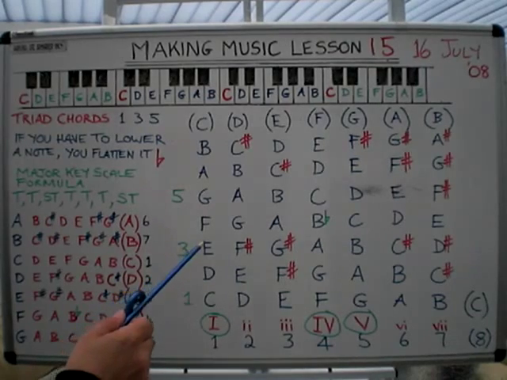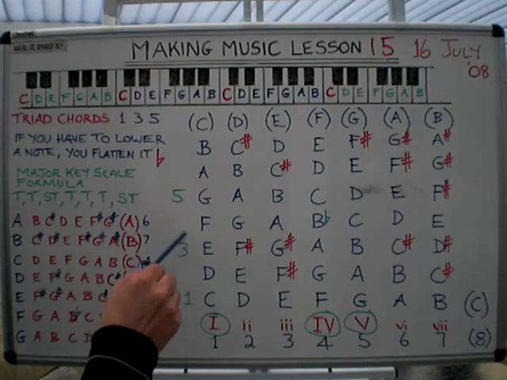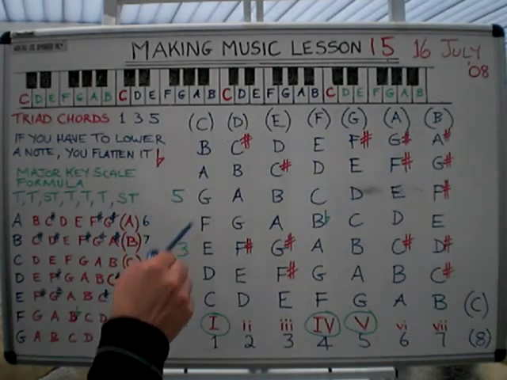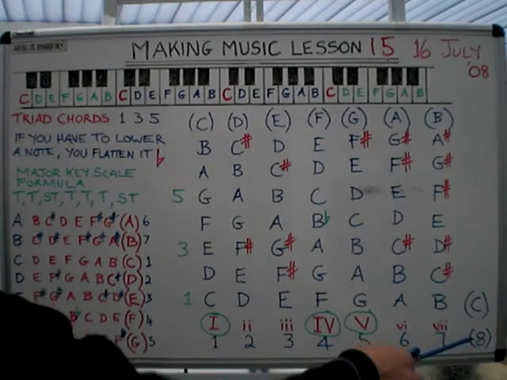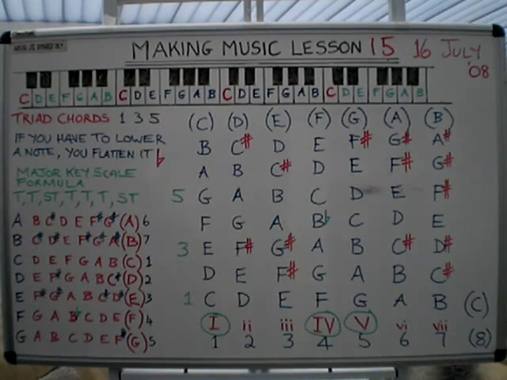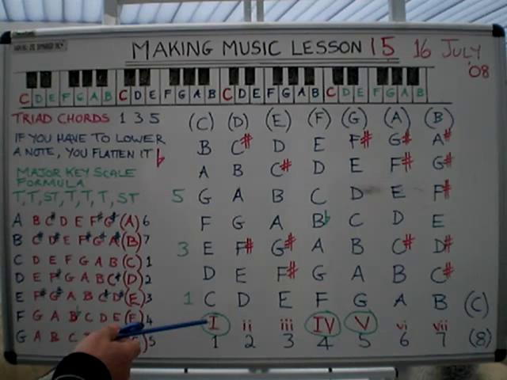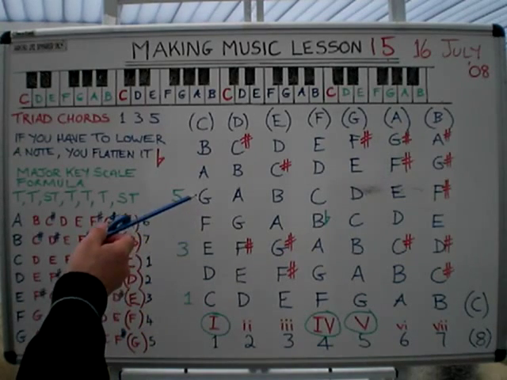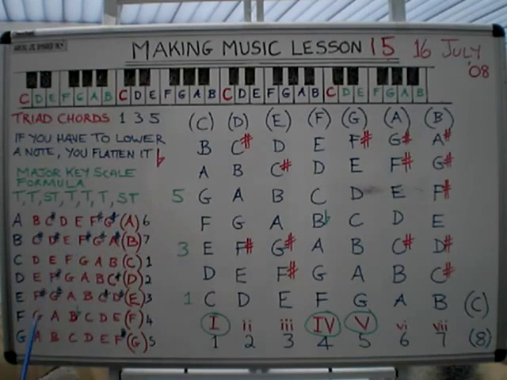Now we've spoken about the chords produced from the 1, 3, 5, C, E, G, and if you've noticed, I've numbered the 1, 2, 3, 4, 5, 6, 7, 8. That's the major number, or major spelling. I don't know why they call it spelling; I normally associate that with letters, but anyway. But above it, when we've produced this chord of 1, 3, 5, that's produced a major chord.